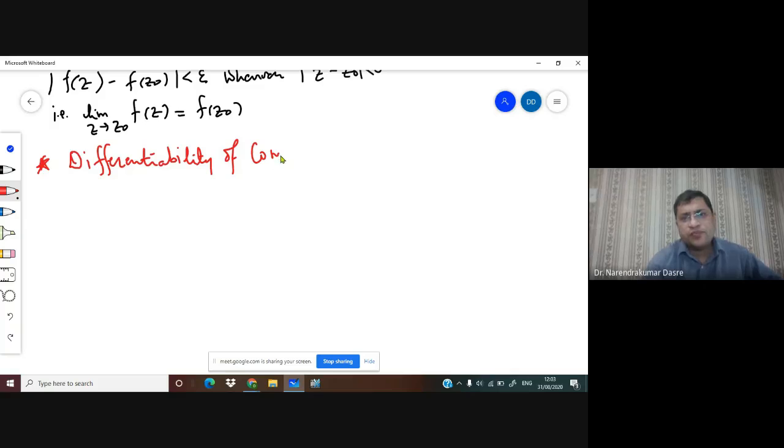So we have differentiability of a function of complex variable, the complex function. Now we have to think of the differentiability of the complex function.